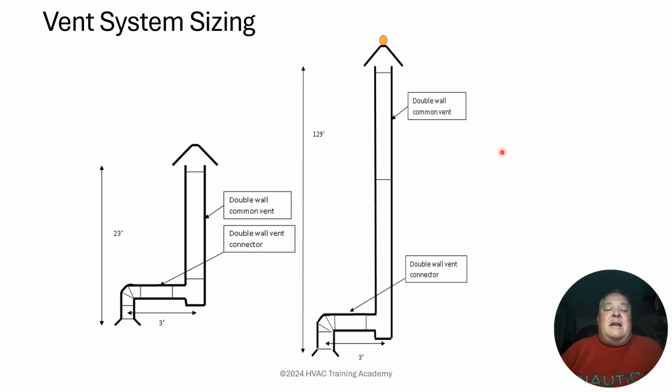So again, vent height, we are going to go at that one differently, right? We're going to make sure at vent height that we're going down in vent height. Now lateral is going to be the other way. So you can see in this case, it looks like it's 3 feet on the lateral in both cases.